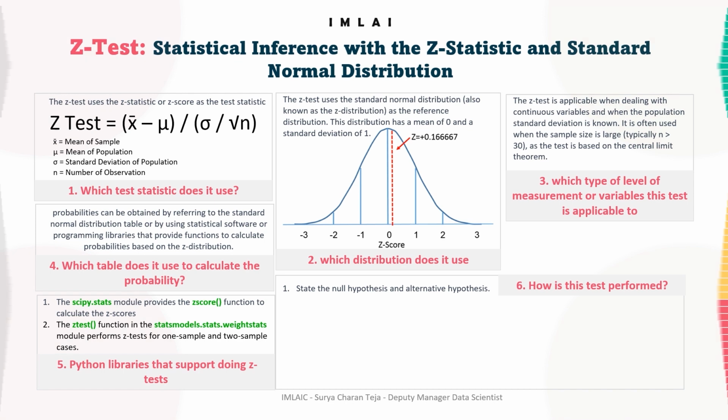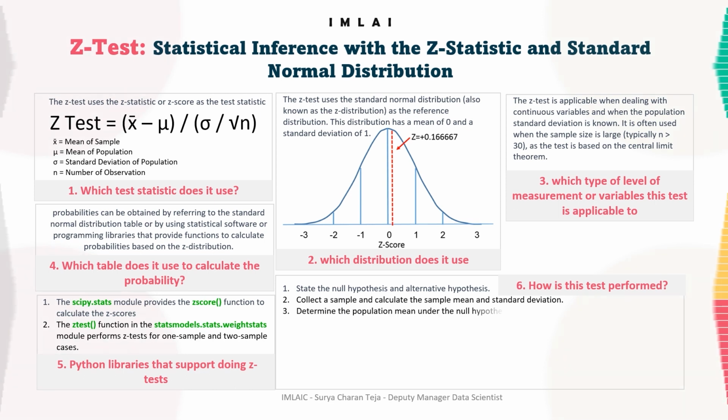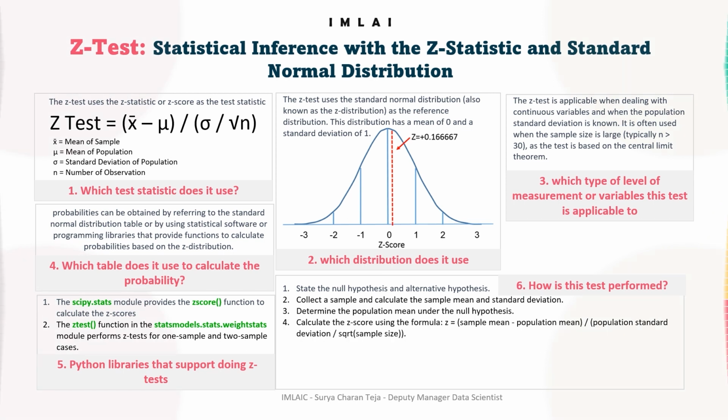First, state the null hypothesis and alternative hypothesis. Collect a sample and calculate the sample mean and the standard deviation. Determine the population mean under the null hypothesis. Calculate the z-score using the formula z equals sample mean minus population mean, divided by population standard deviation divided by square root of sample size.